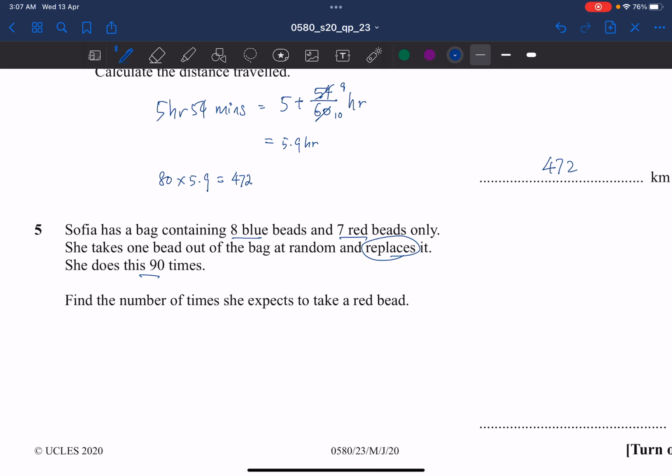Okay, so it will be 7 over 15 times 90. Out of 15, 7 out of 15 are red, so 7 over 15 times 90 times. So we have, this is 6, this is 42.